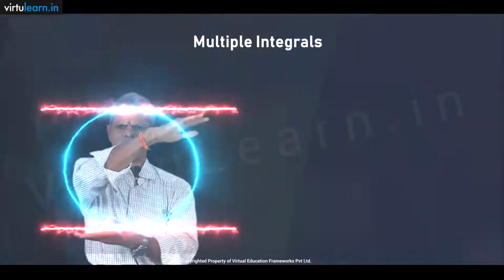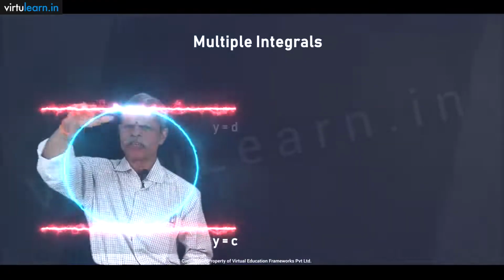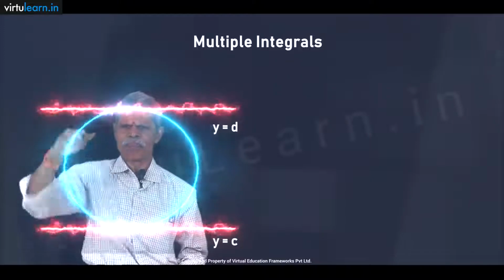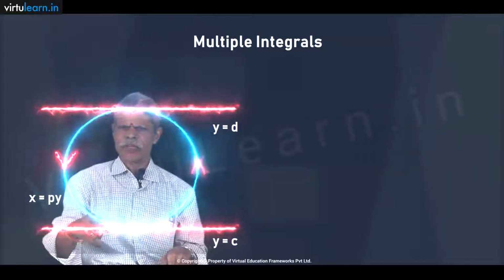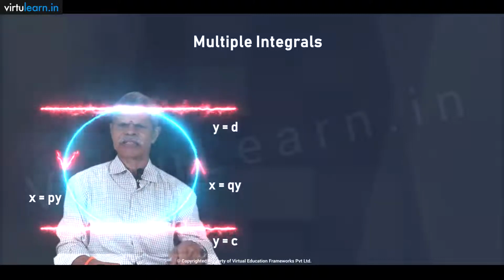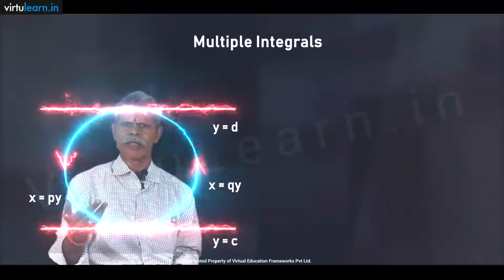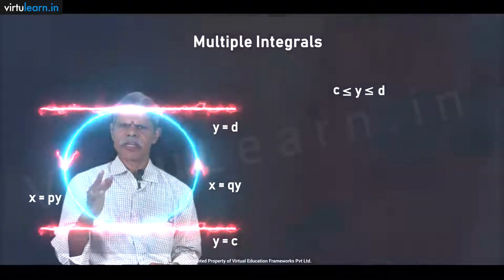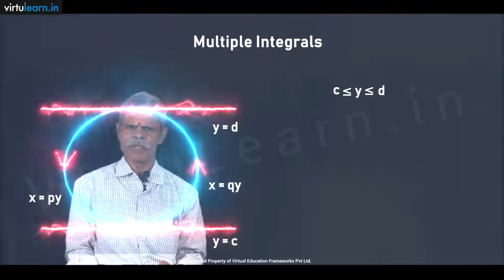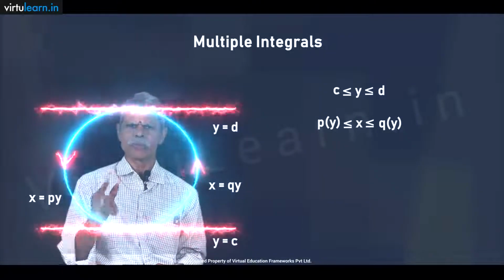If the line at the bottom is y equal to c, the line at the top is y equal to d, the curve at the left hand side is x equal to p(y), the curve at the right is x equal to q(y), then the region can also be represented by the inequalities c less than or equal to y less than or equal to d, p(y) less than or equal to x less than or equal to q(y).